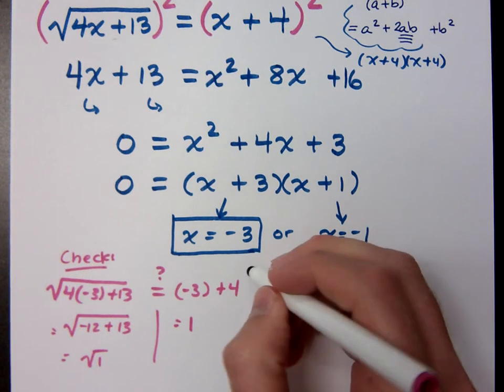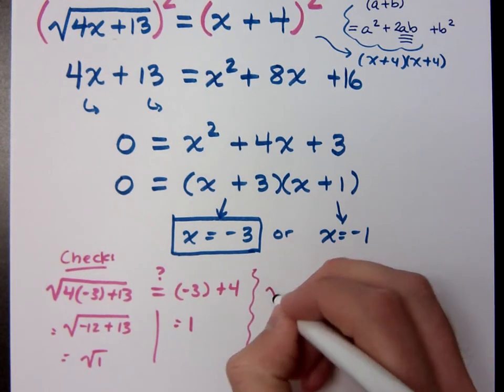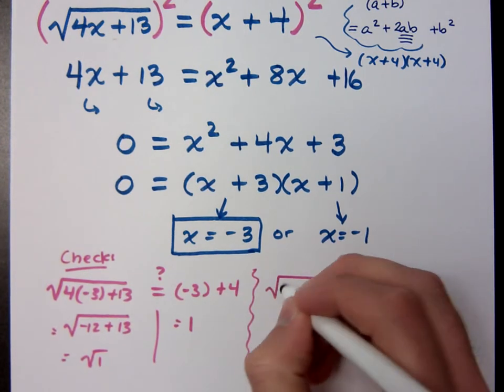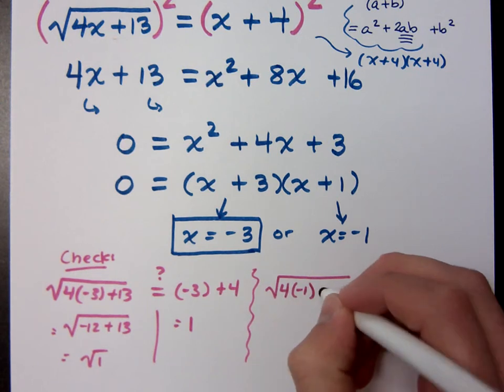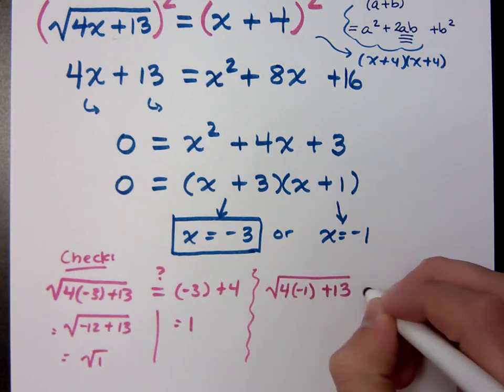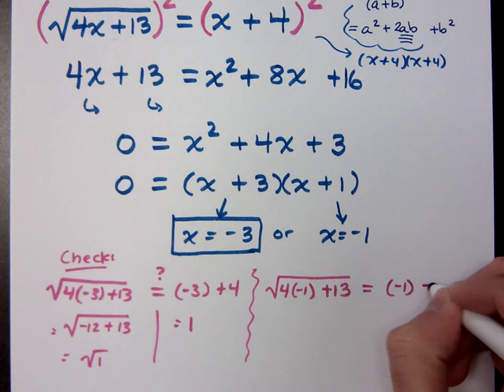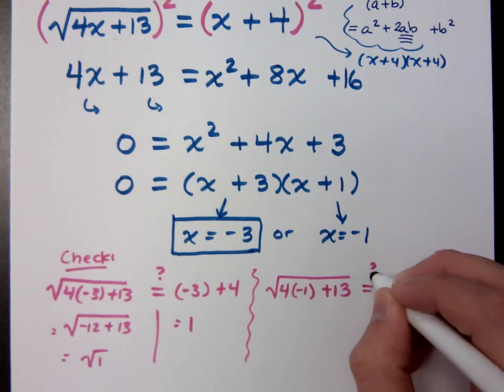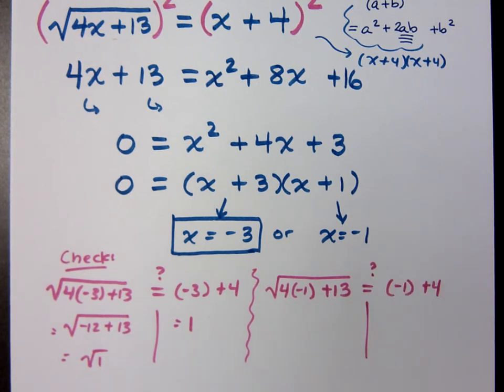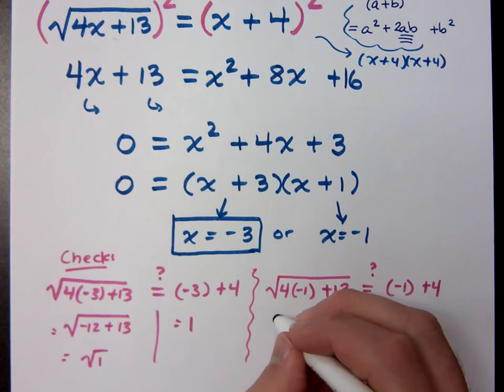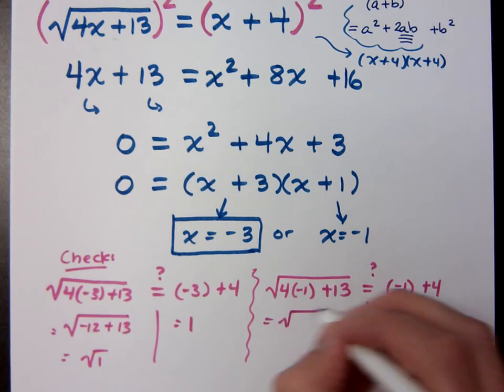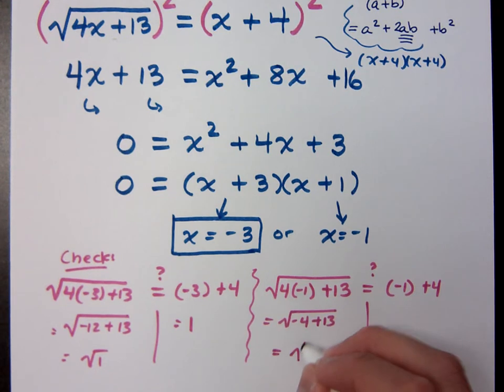So when I check the other one, is the square root of 4 times negative 1 plus 13 equal to negative 1 plus 4? So this is the square root of negative 4 plus 13, which equals the square root of what?